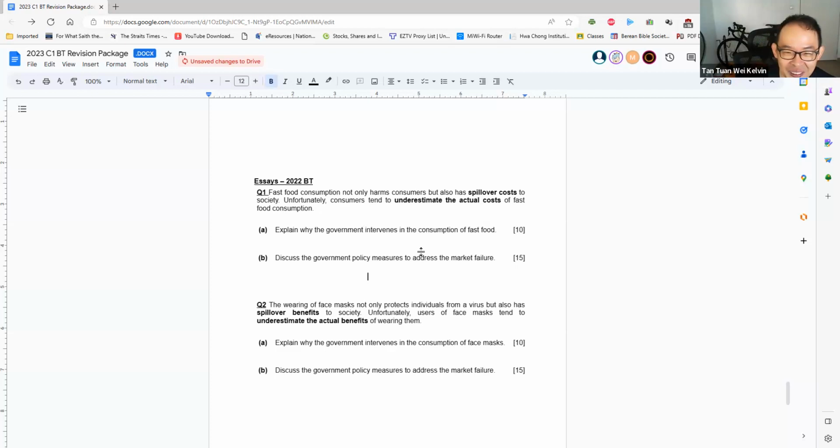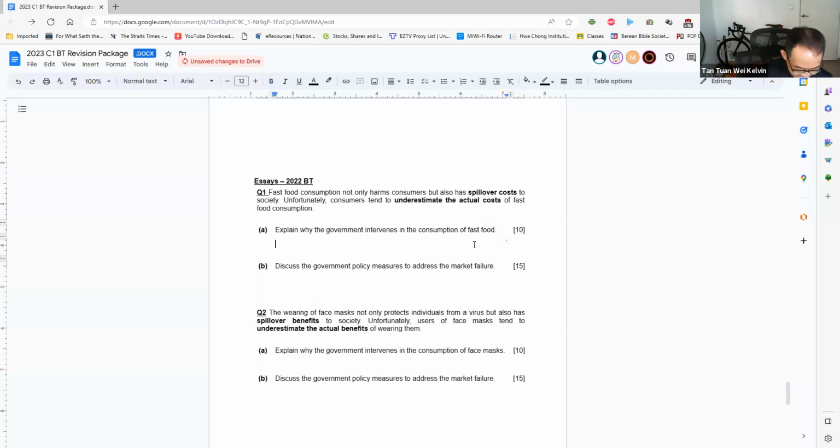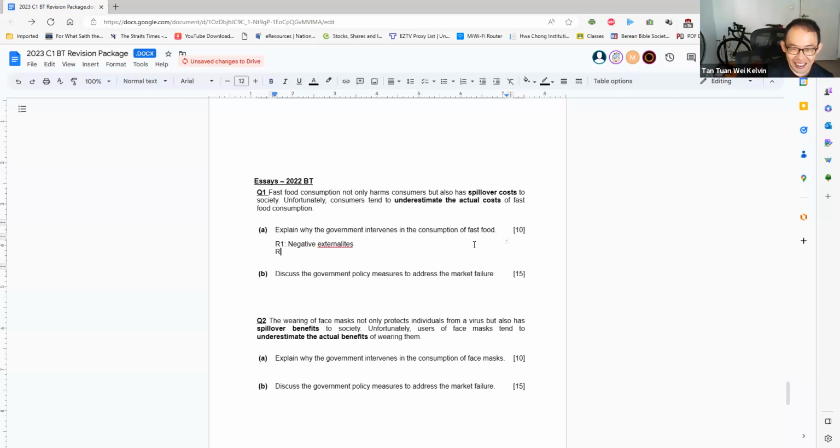I'll show you how the graph looks. So for this case, the spillover cost, okay, so R1 should be negative externalities. Okay, R2 should be imperfect information. So for part A, no need to give limitation.